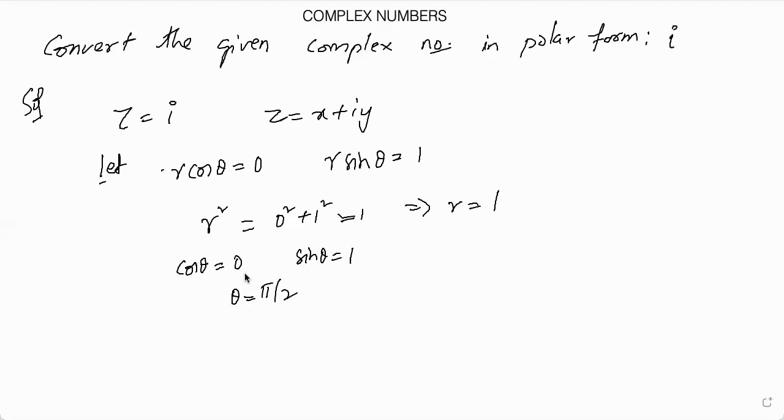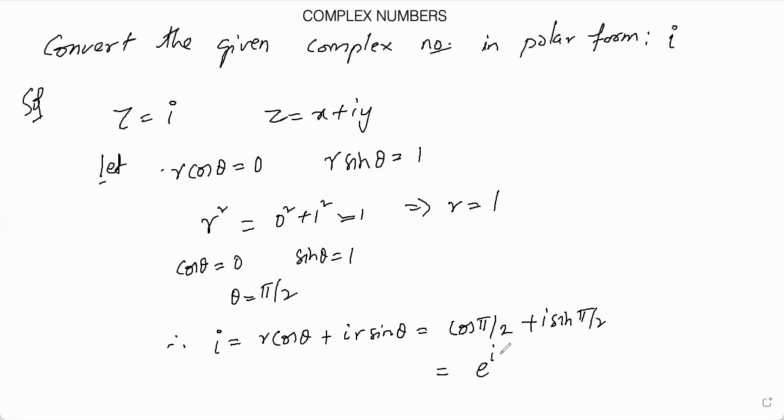So now i is equal to r cos theta plus i r sin theta, where r is 1. So this will be cos pi by 2 plus i sin pi by 2, or we can write it as e to the power of i pi by 2, which is the polar form.